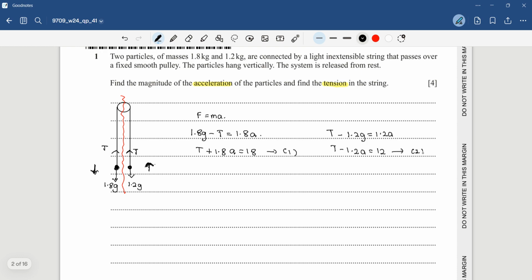So this is equation number 2. Solve equation 1 and equation 2, then you will obtain T equal to 14.4 and a equal to 2. Here you just need to decide which direction is positive and which direction is negative.